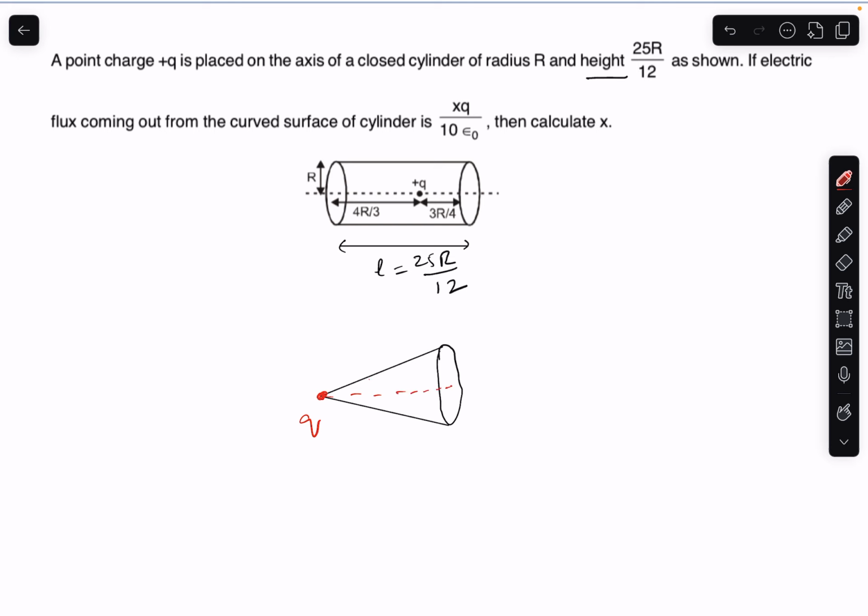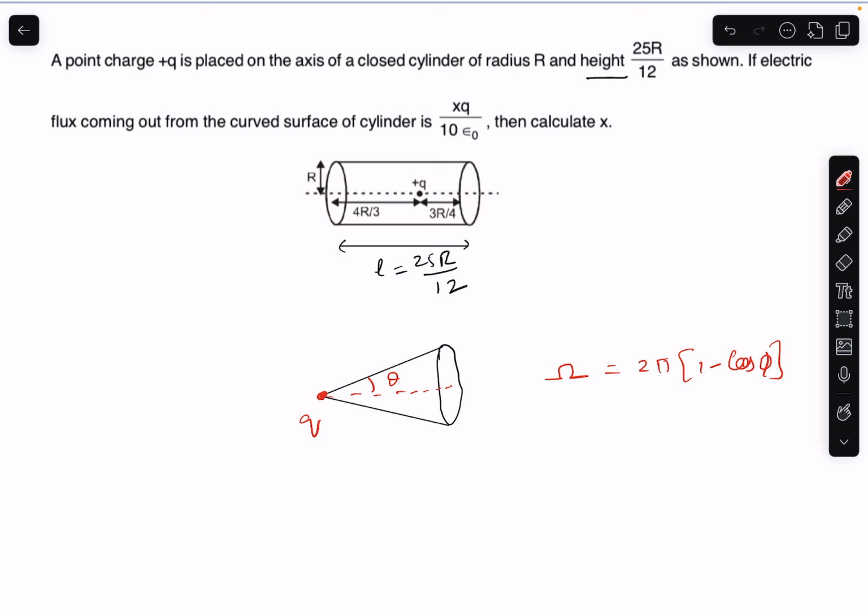If we know the two-dimensional angle θ, then the solid angle Ω is related to θ as 2π(1 − cos θ).